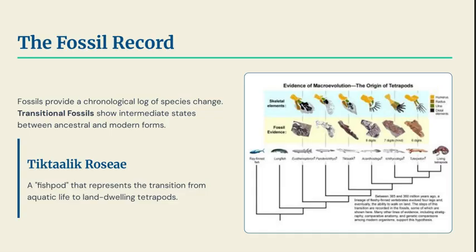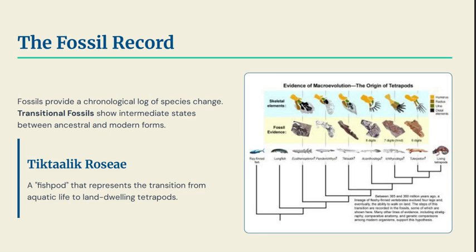Okay, so evidence for evolution. First off, we have fossil records. Fossil records provide a chronological log of species changes, and transitional fossils show intermediate states between ancestral and modern forms.